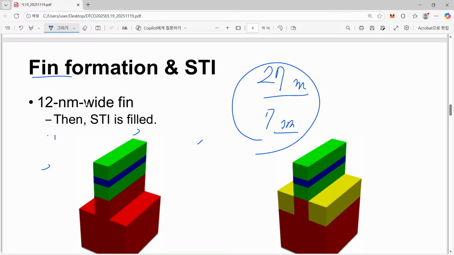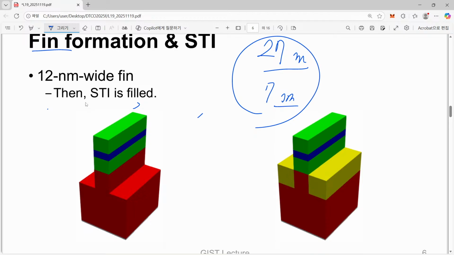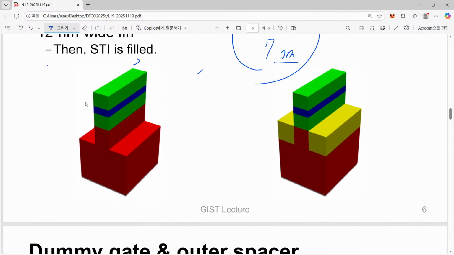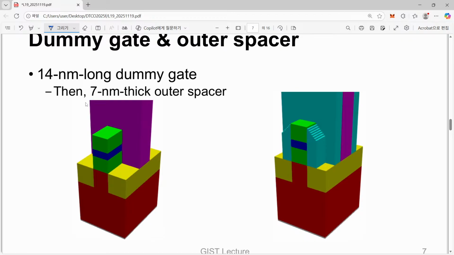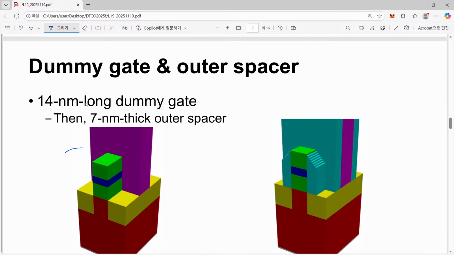So I can just quickly skip this part. Now we have fin patterning and STI. Yes, this is now STI. After that, the dummy gate. Yes, this is the dummy gate, and after that this is the spacer.